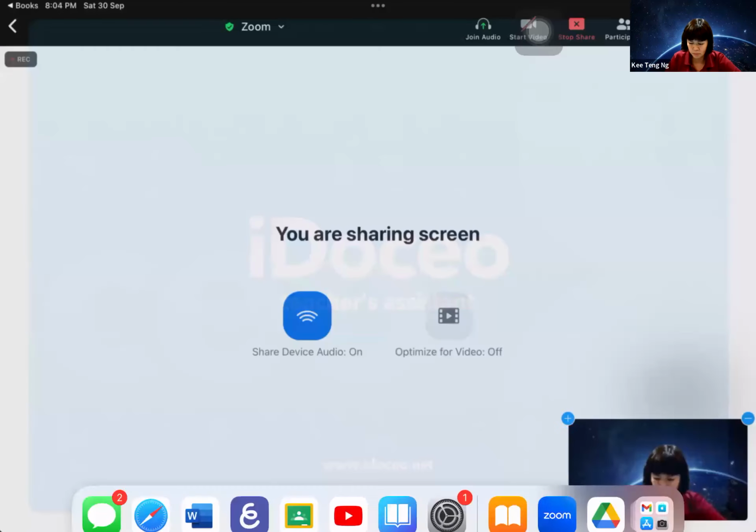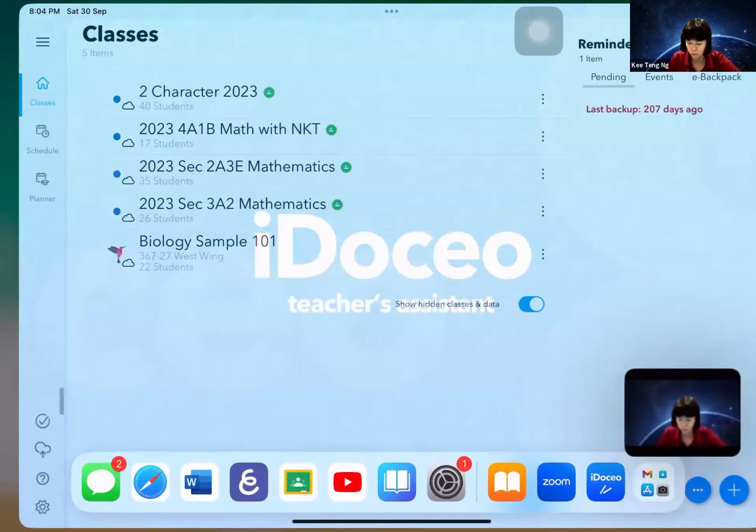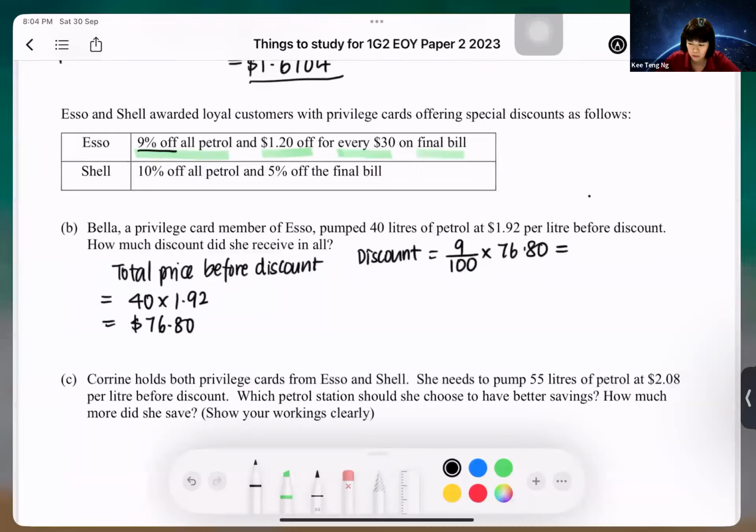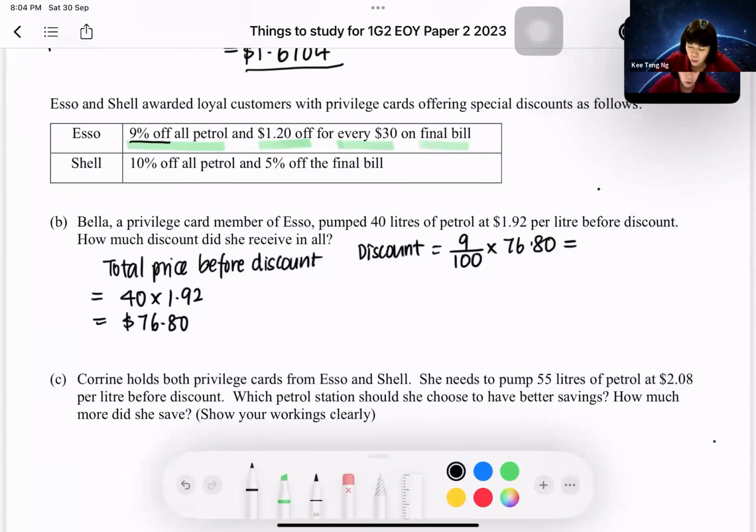Oops. Okay, I accidentally opened some other app. Sorry. So I get $6.912. So what is the total final bill? They say $1.20 off for every $30 on the final bill, right?